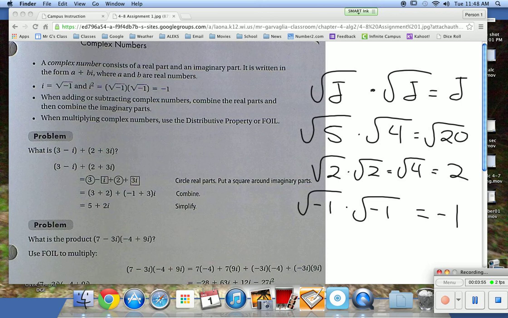I'm sorry, I don't mean to get excited. But that's what this means. i squared is really the square root of -1 times the square root of -1, and it equals -1. All right? That's something you're going to have to remember.